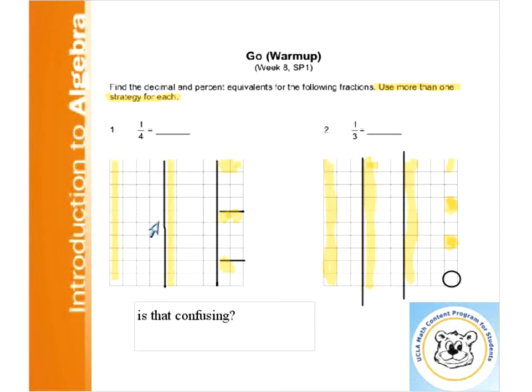Okay, so 25 of 100 is going to give us 25%. And because it's per 100, I can change that into a decimal, 0.25 or 25/100. Some students might bring in their knowledge of money, so they know that 1/4 of a dollar is a quarter, and a quarter is going to be 25 cents. Okay.